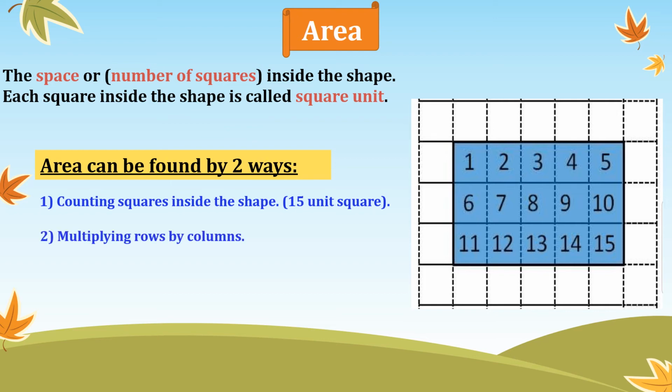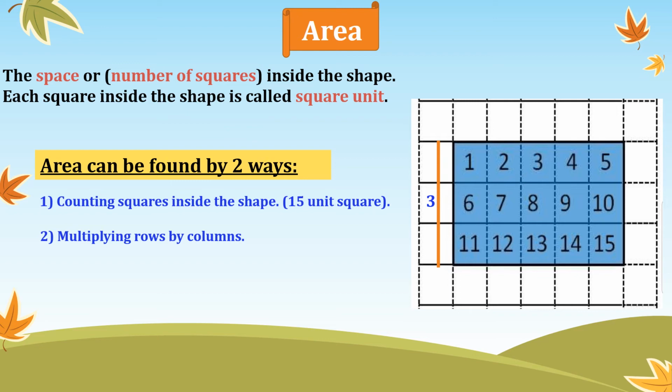Number 2, we can find the area by multiplying rows by columns. If we consider this rectangle like our array, we can find the area, or the total number of squares, by multiplying rows and columns. How many rows here? 3.